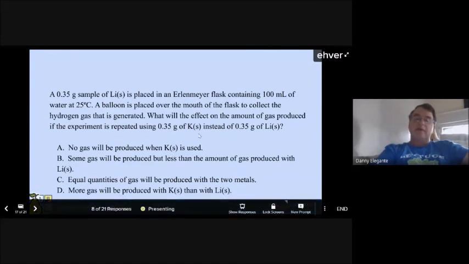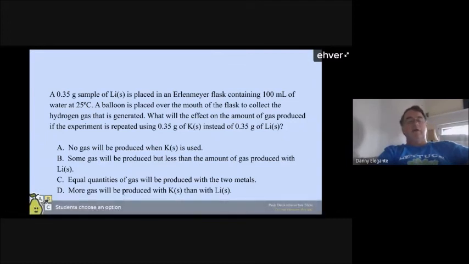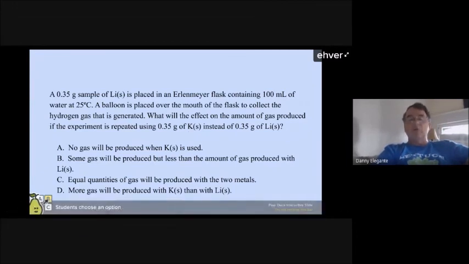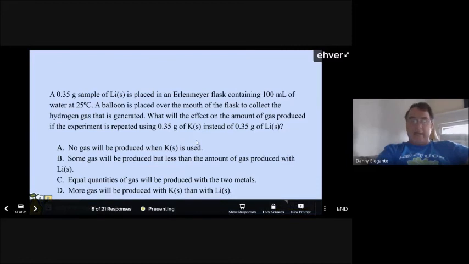And let's think about that for a minute. Why would that be true? Well, lithium has a molar mass of right around 7. That means 1 mole of it weighs 7 grams. Each lithium doesn't weigh very much because it has fewer protons and neutrons. K, on the other hand, if you look on the periodic table, has a molar mass of 39.